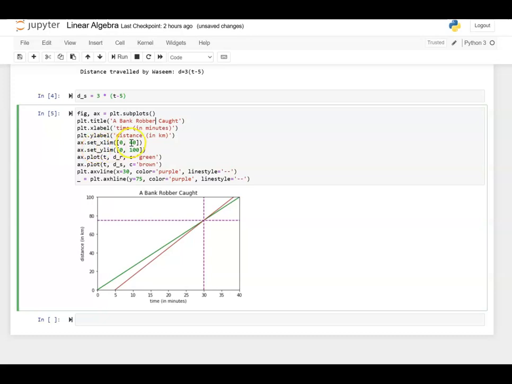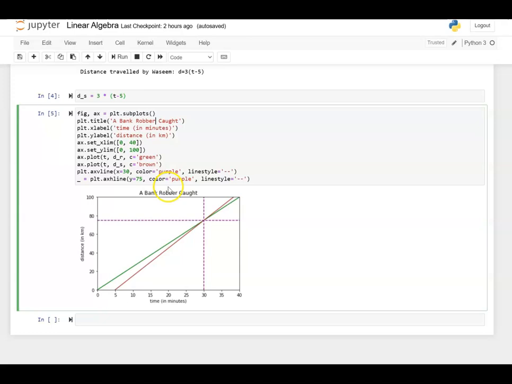The limit is 0 to 40 because I already know the answer, we have already calculated, so I kept it around 0 to 40. But you can always try and increase or decrease this as per whatever you feel is correct. And the y limit, you can see, is 0 to 100.